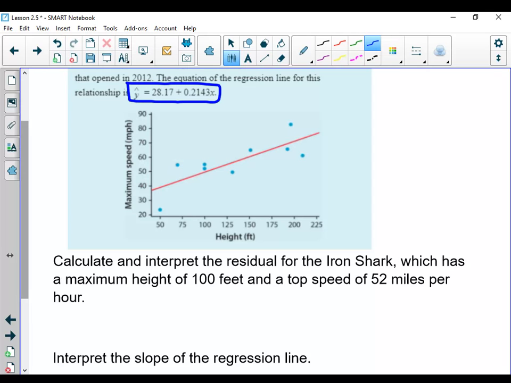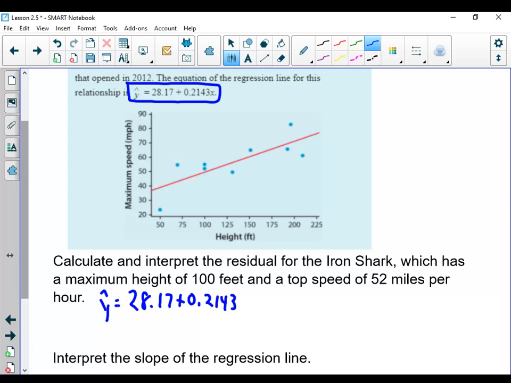So we're going to make the prediction first, and then we're going to test the prediction, see how well we did on it. So to make the prediction, I go to my equation, and I plug in the x value. Which one of those values is the x value, the 100 or the 52? What's labeled on the x-axis?